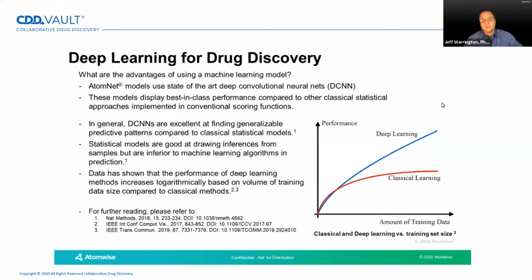And I think from the graph, you can see that the performance of deep learning methods increases logarithmically based on the volume of the training data. So the more data that you have, the more the deep convolutional neural networks can learn about the problems you're trying to solve. I think that provides a brief overview and happy to entertain any questions later. Over to you, John.